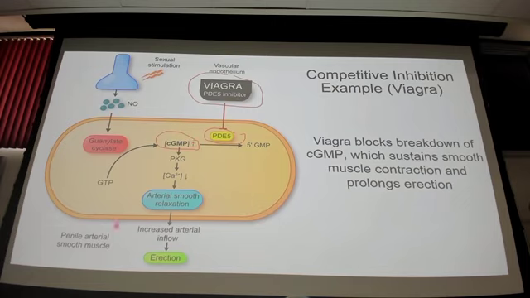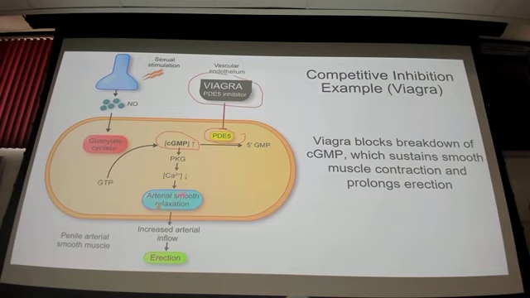So what happens during sexual arousal, nitric oxide is produced, which causes the conversion of GTP to cyclic GMP. That cyclic GMP causes increased arterial flow and an erection in men.